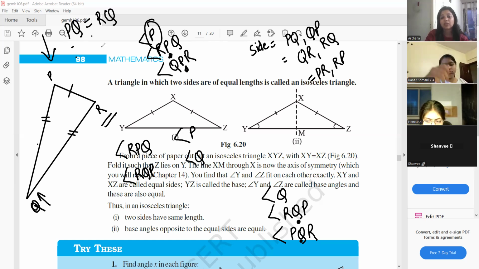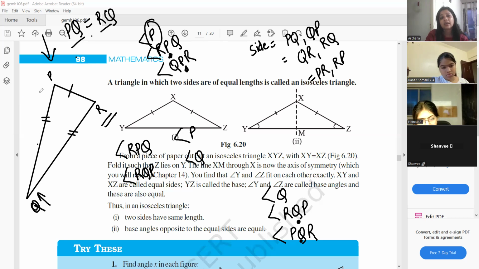PQ and RQ are equal in length. Okay? Now, talking about PQ only. PQ has angle P and angle Q, right?